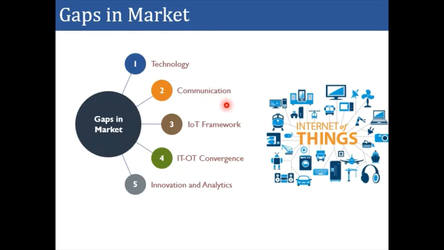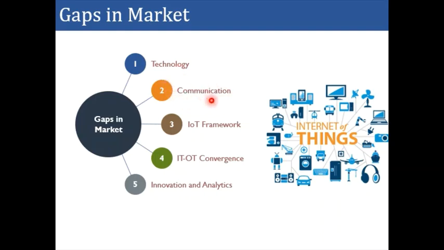For example, right now the IoT devices are compatible with either 3G or 4G communication, but the moment we see 5G network deployment, all these devices have to communicate using 5G or NB-IoT communication. So communication also is a challenge for IoT device deployment.